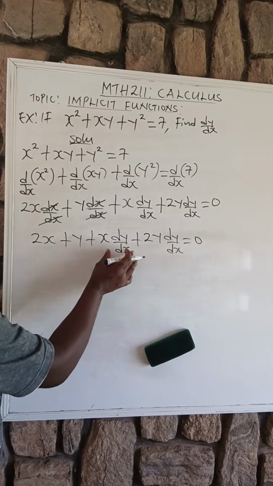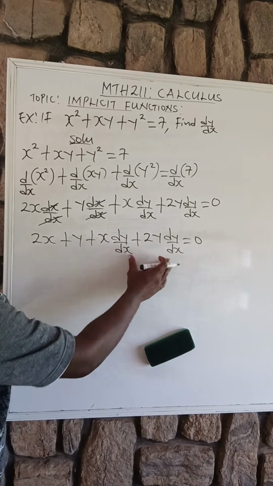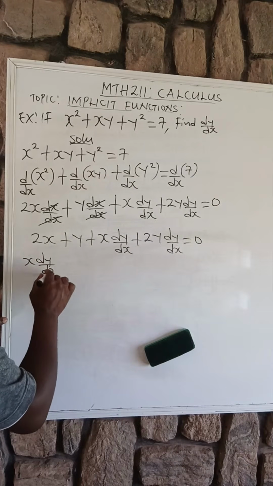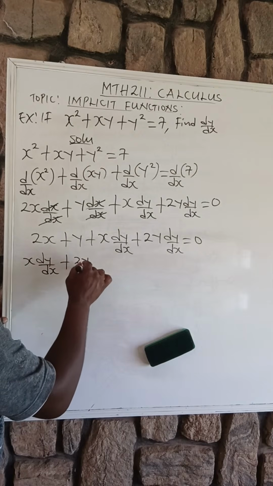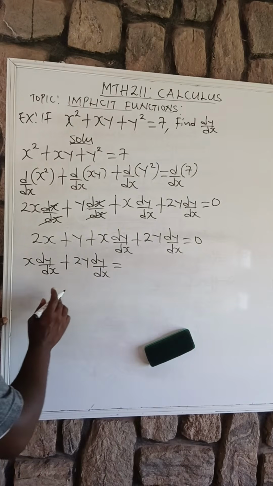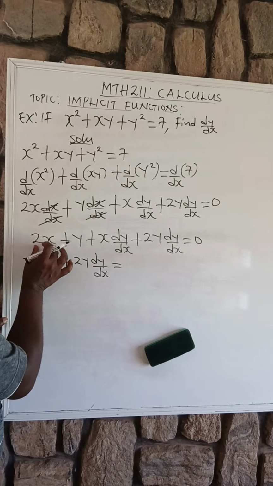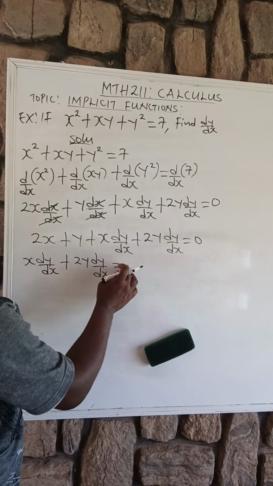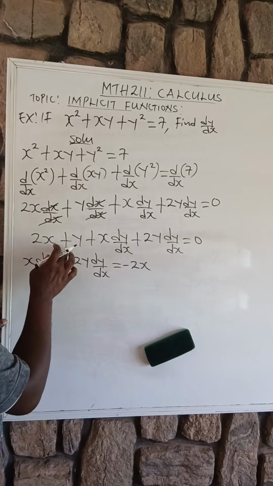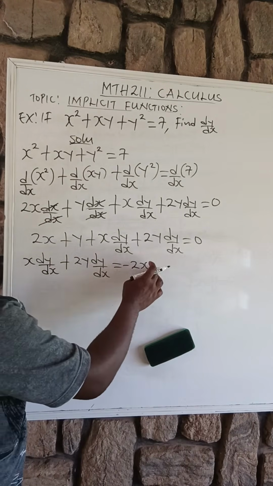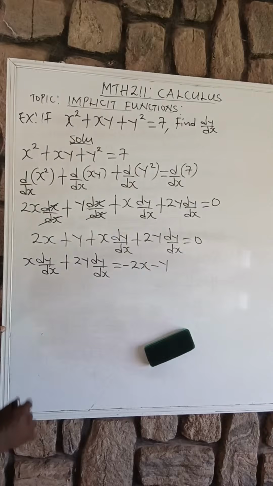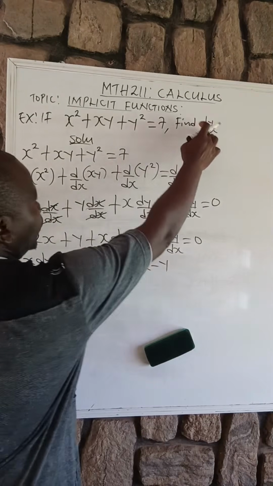So when we do that, this will be on the left hand side. x dy all over dx plus 2y dy all over dx is equals to, if you take 2x to this, we are going to have minus 2x. Then likewise, if you take plus y to this right hand side, you have minus y, isn't it? So look at it, we are asked to find dy over dx.